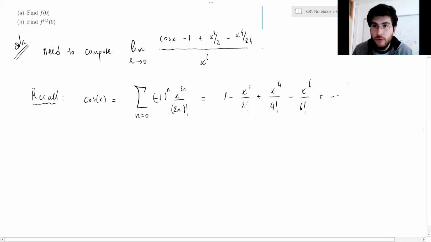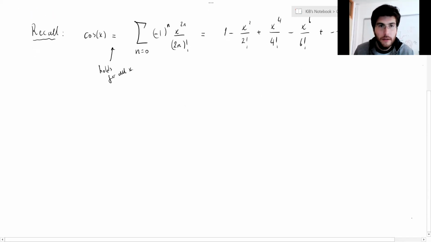We know this equality holds for all x. Therefore, it's nice, so let's use it. Just observe the following. The limit as x approaches 0 of f of x, just use this series here.